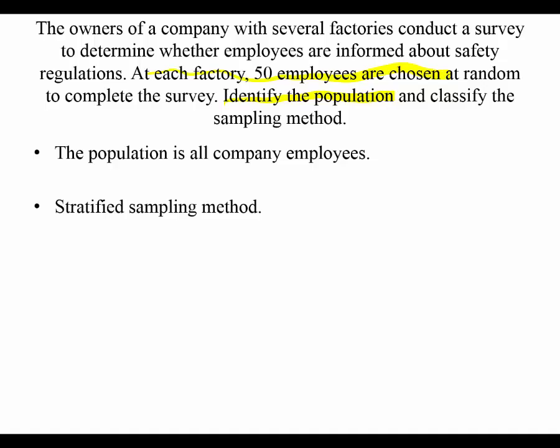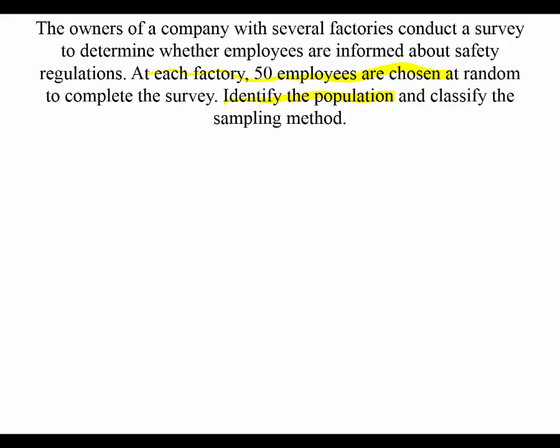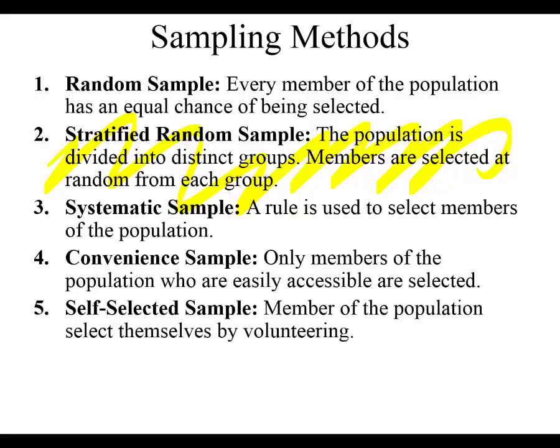All right. Now, what if the owner surveys each employee whose last name begins with an M? Classify the sampling method now. Remember, we had our list of sampling methods. Actually, let me make sure that this is erased for you.